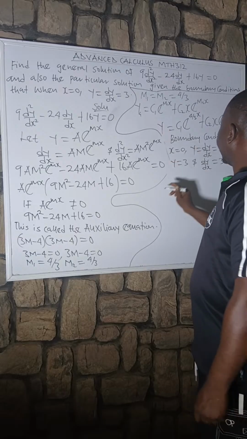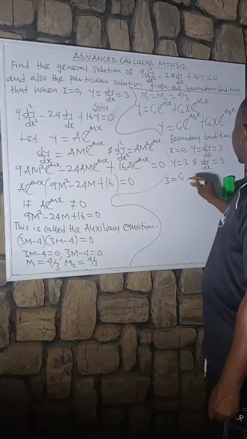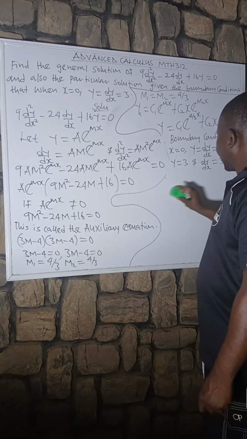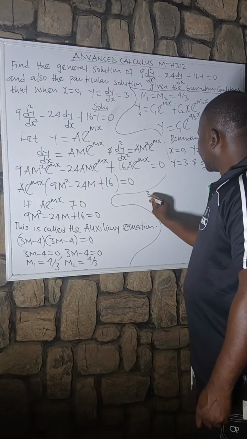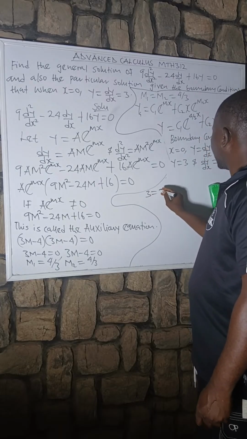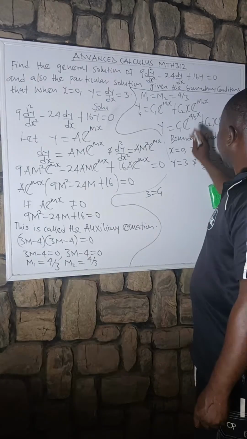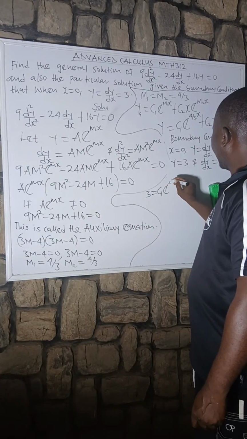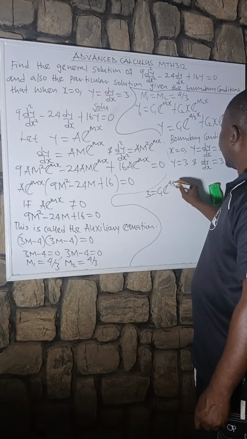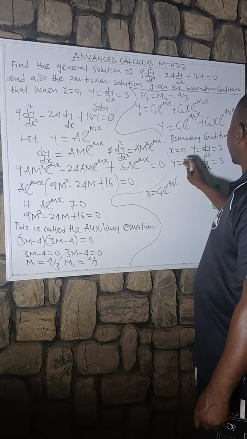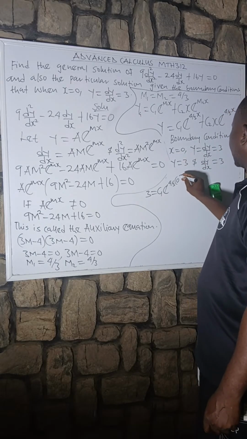So here, let me write it here. 3 equals C1 exponential 4 over 3, then times our x, which is what? 0, right?